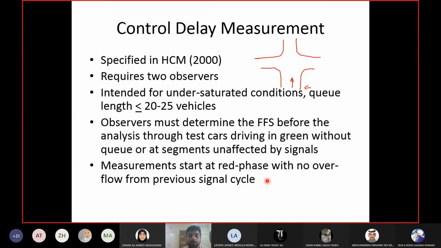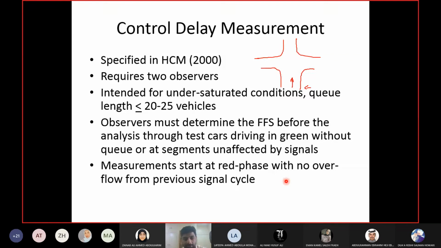Now, overflow means what? You came to the intersection, the signal was red, you stopped, but there's a long queue in front of you. When the signal became green, you started to move, but before you came to the end of the intersection, the signal became red again. And then you started thinking about committing suicide, because this is the end of the world for you.